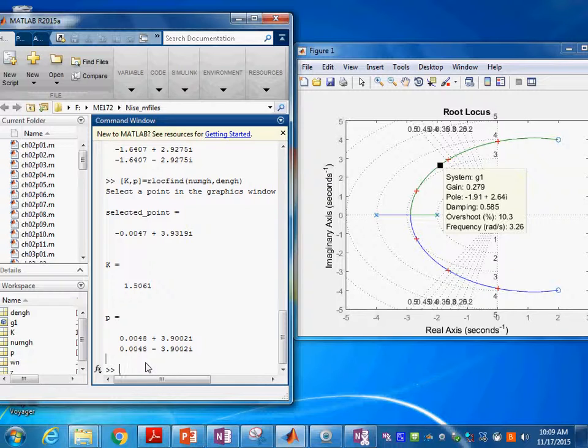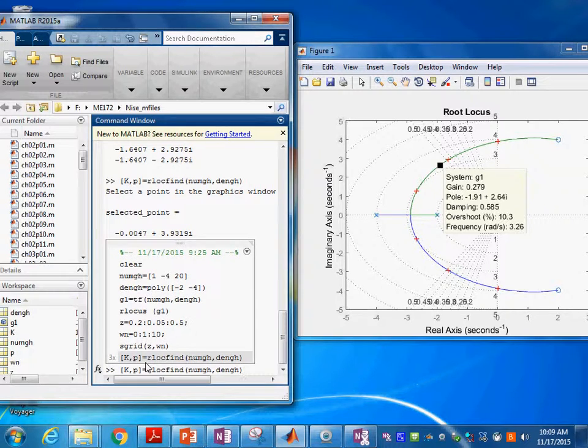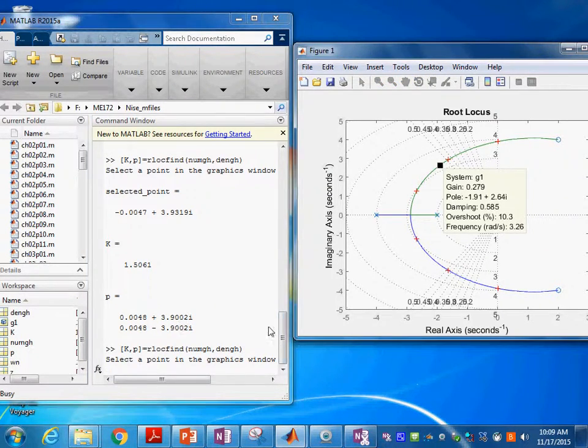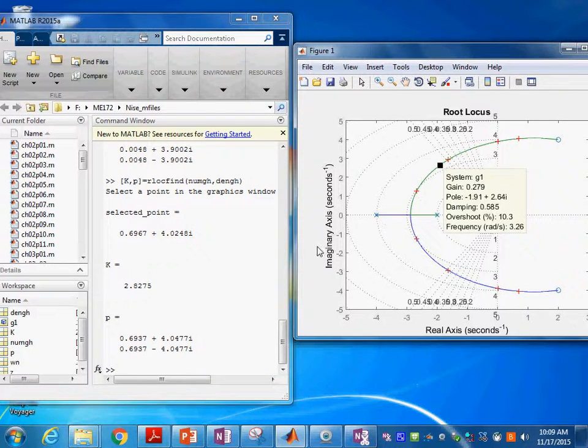But now I'm going to go the other way around. I let the computer do this, and then I'm going to select the point over here. See what this is telling you? It marks it on the root locus, but it's telling you it's 0.6 positive, then plus or minus 4 point.